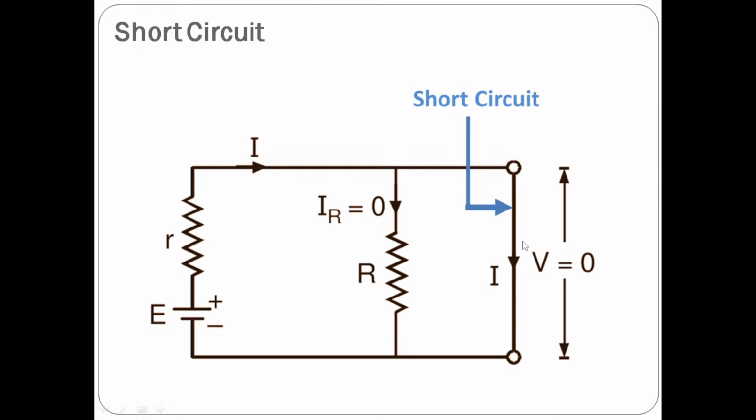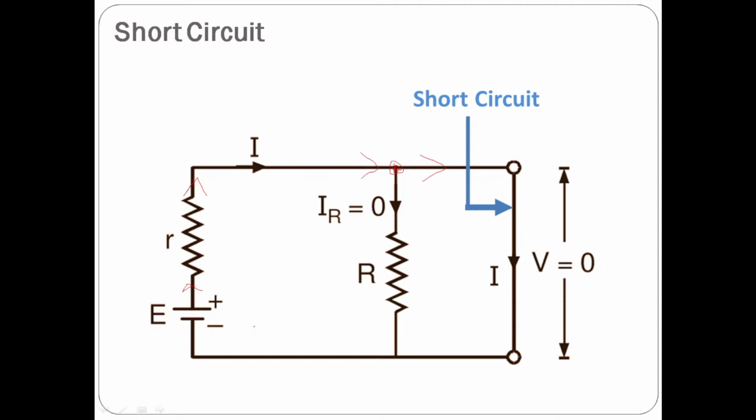After flowing from this source, current will flow like this, and after coming to this node, at this node what should happen? Current should divide.